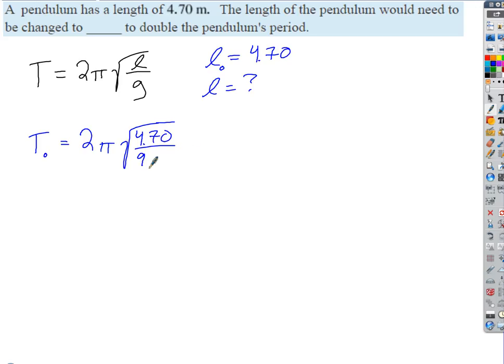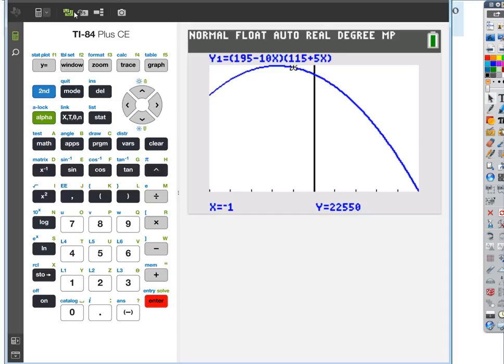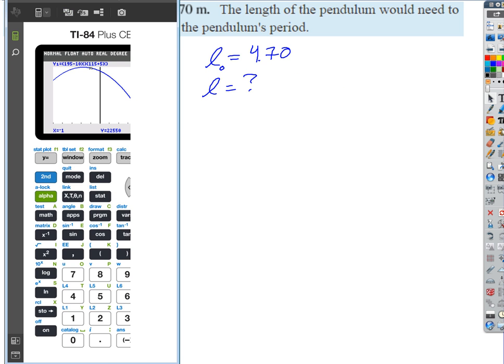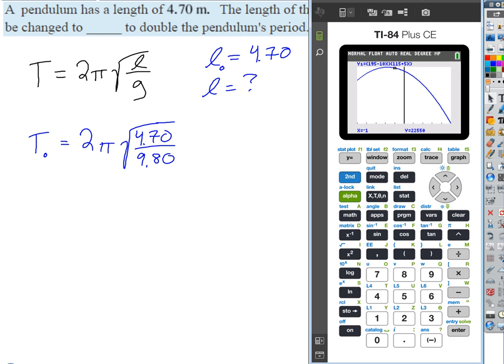Okay. And that's going to give me some calculator number. In fact, let's pull up the calculator and get that number.